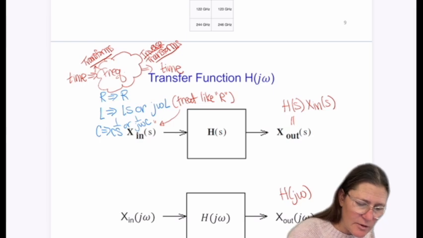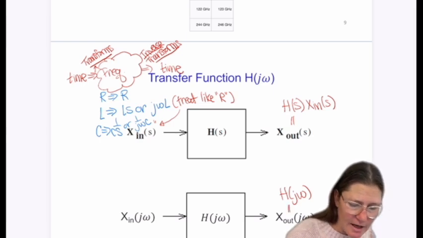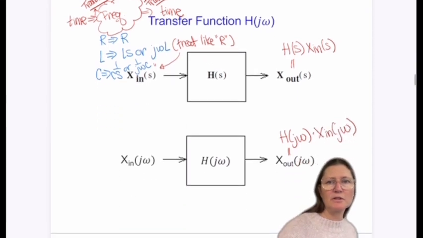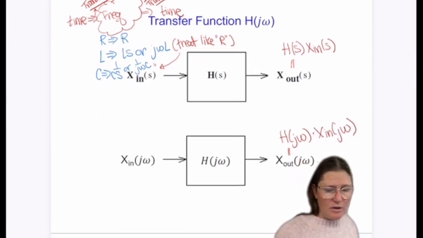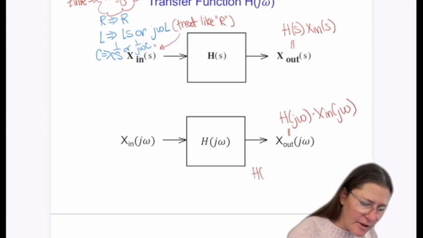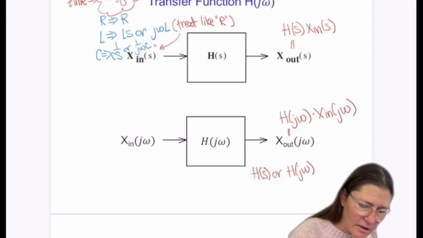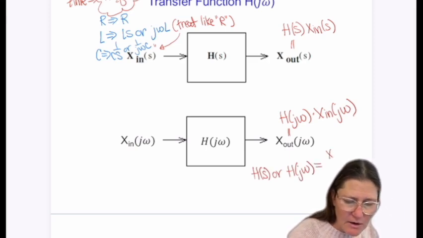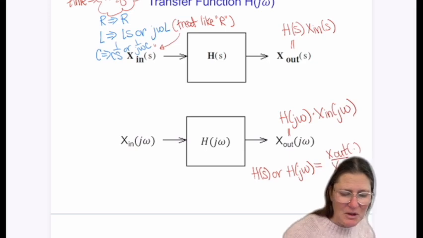So X out is going to equal that, and X out of j omega is just going to be that function times the input as a function of frequency. So from this, H of S or H of j omega is just going to be X out over X in of whatever variable we have in there.